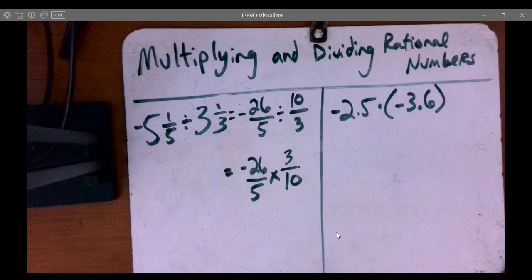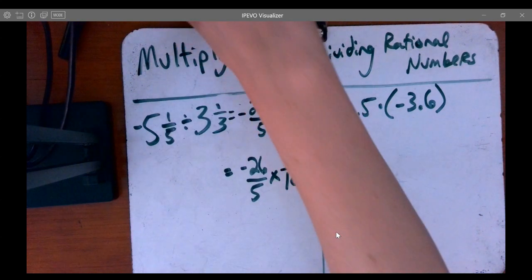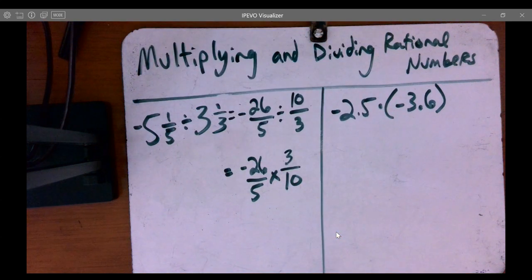And now I'm ready to multiply these fractions, but I don't really want to multiply 26 times 3 and then 5 times 10 and then try to figure out what common factors the numerator and denominator could possibly have in common. So I'm going to look to see if I can cross cancel before I multiply, because I know it's going to make my life easier.